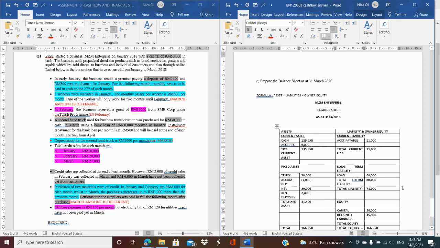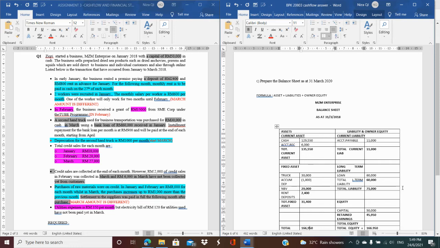So it means that there is something that I have left out. 45,550 versus 45,950, a difference of 400. Where did I leave it out? Did I add wrongly?